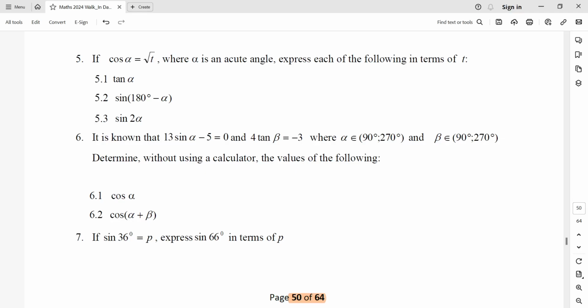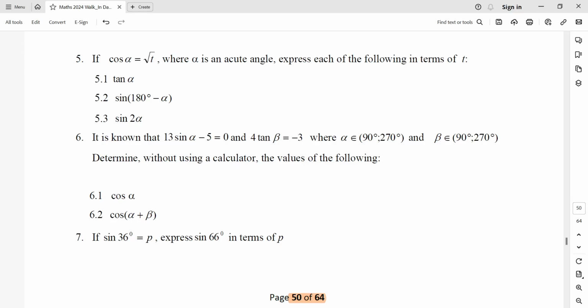This one might look challenging, but let's take time on it. What do we have to do? We have to relate angle 36 with angle 66 and see where we are. If you can understand this part, then we are good to go.